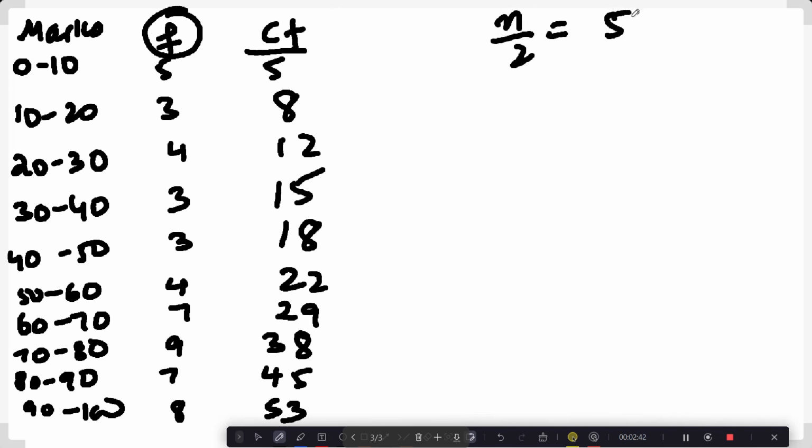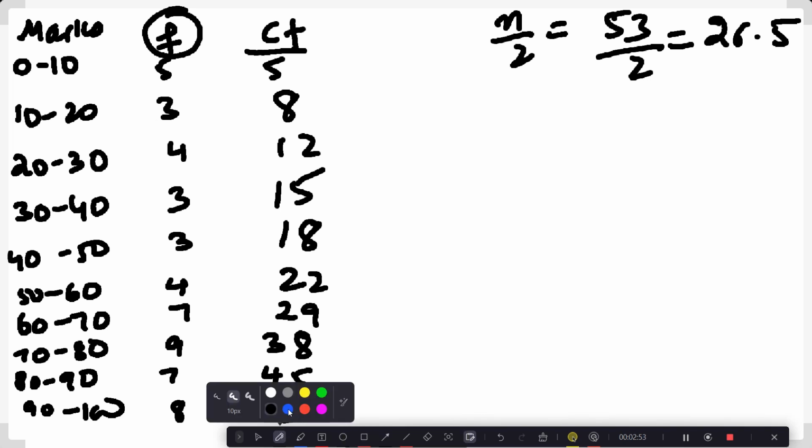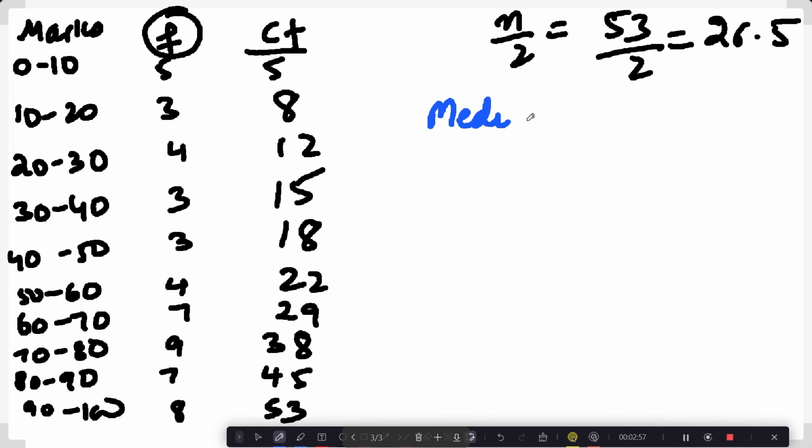Because it's odd, 53 by 2, 26.5. So we have to locate the class which is closest to this number or greater than this. We have to find the median class, which is closest to this number or greater than this, which we can find out is this.